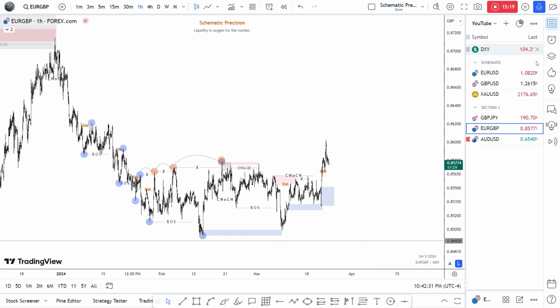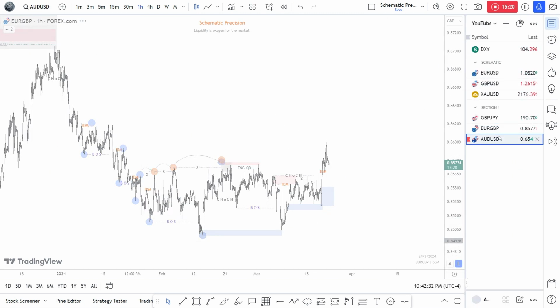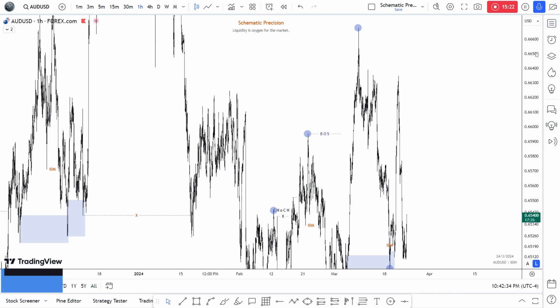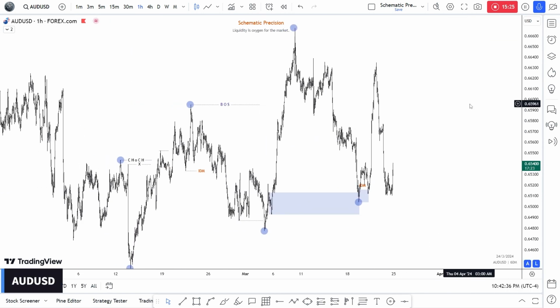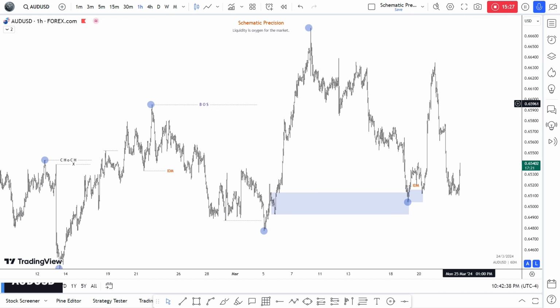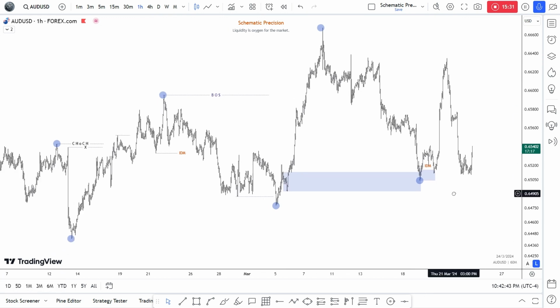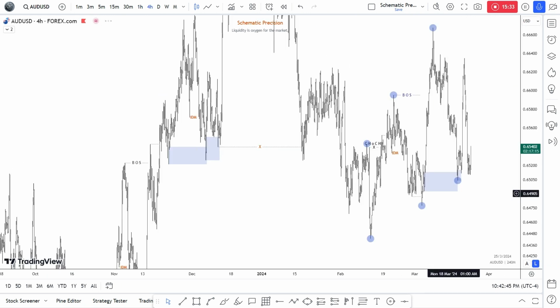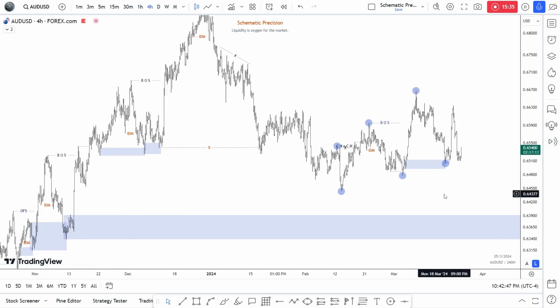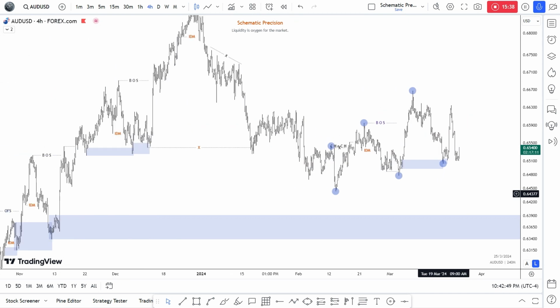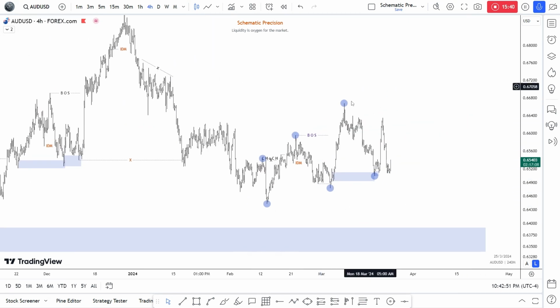So this is for this, this, and AU. We have been monitoring this as well, right? So bullish structure, nothing complex here. We have been bullish for this point in time.